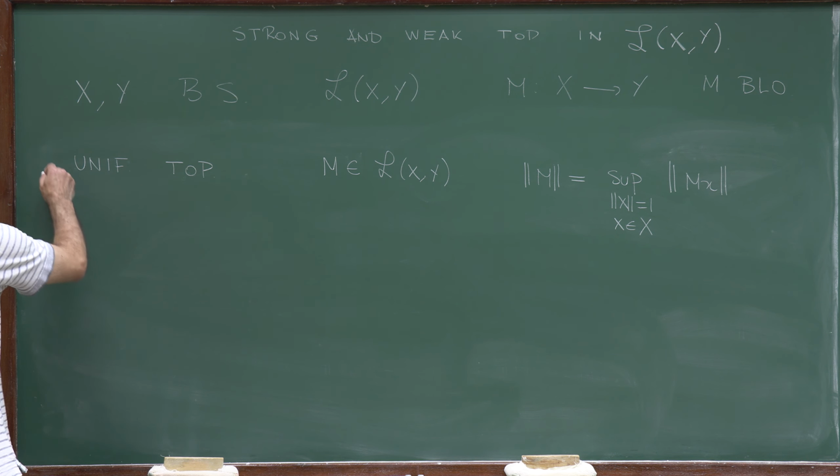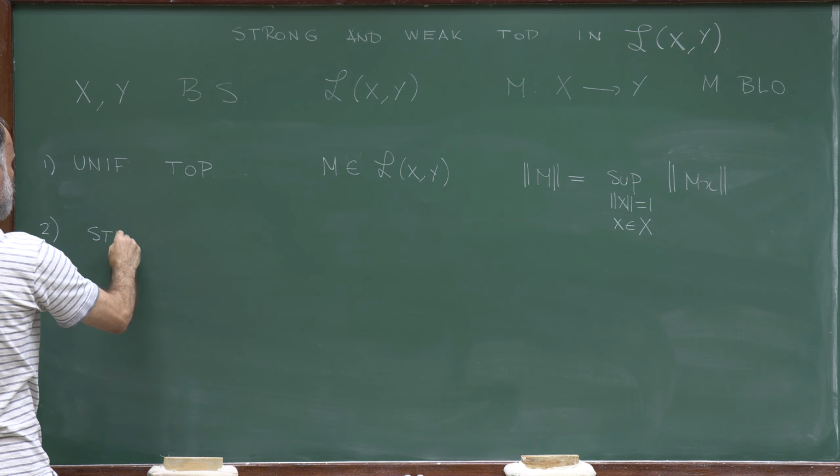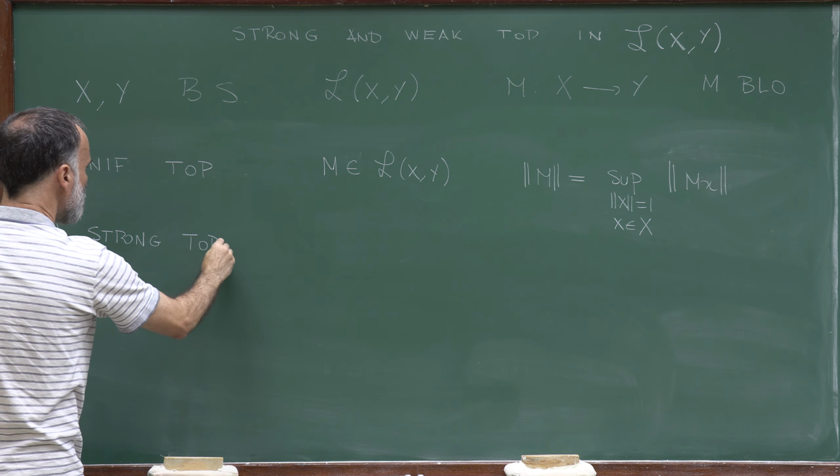This is one topology. The second topology, which is called the strong topology, is defined as follows.